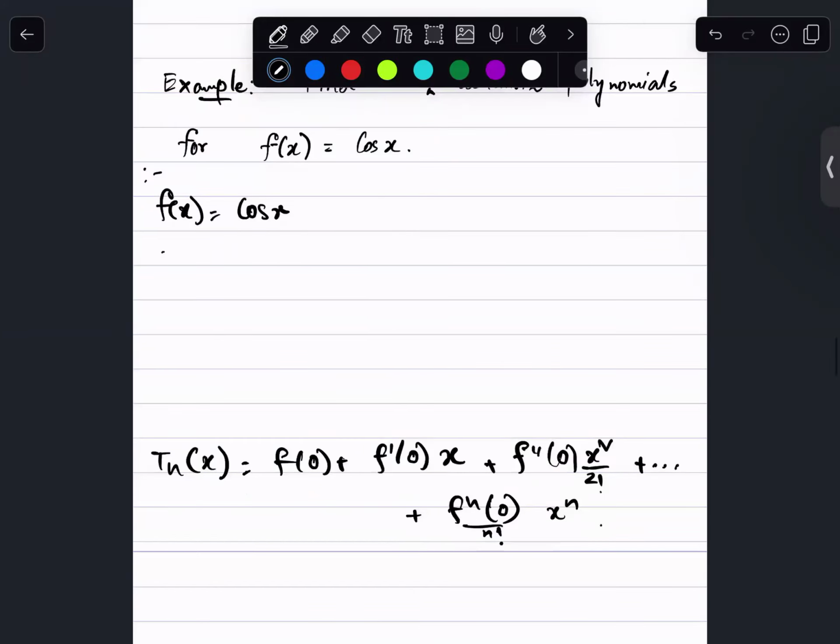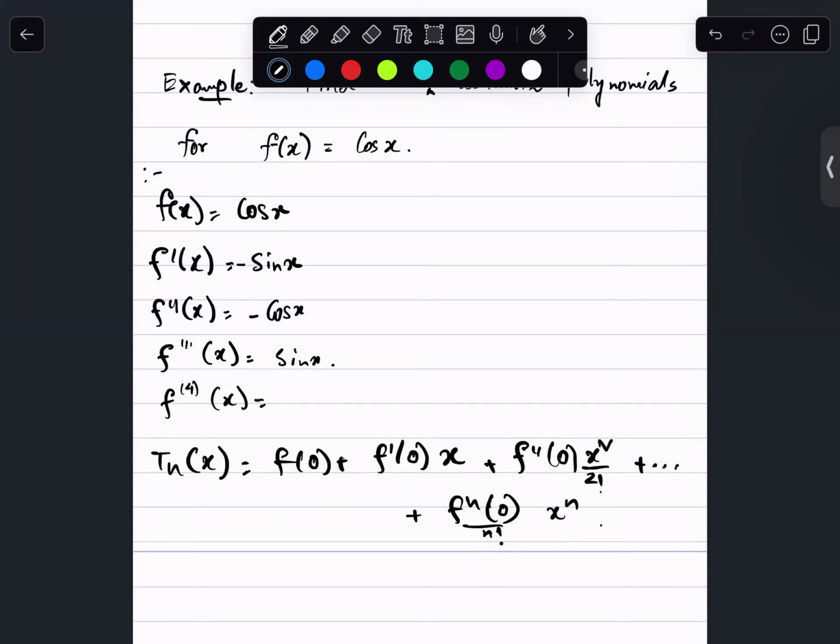Okay. F prime of x will be minus sine x. F double prime of x will be minus cosine x, and f triple prime of x is again sine x. F fourth derivative of cosine x will be again cosine x, and so on. Okay, so I have to basically catch the pattern.